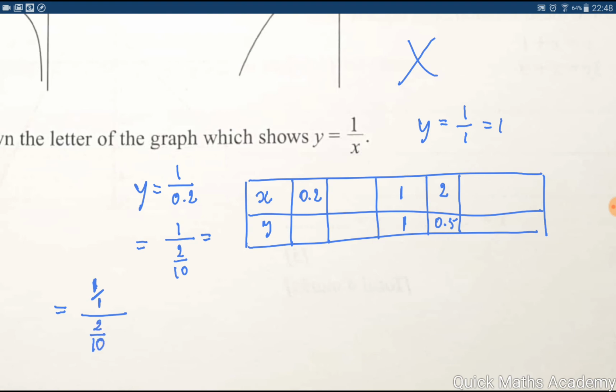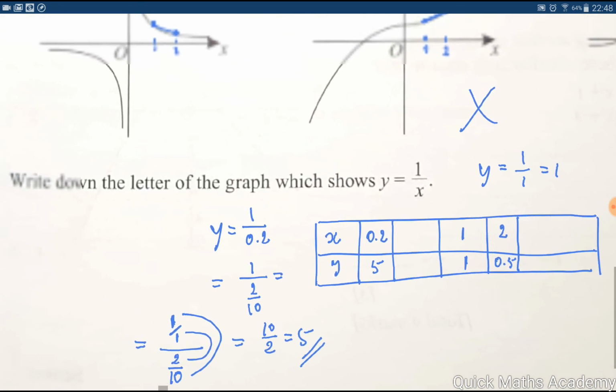Why am I doing this? Because I need this to solve this fraction. I multiply the outer, I multiply the inner. I will have 10/2, which is 5. So when my x is 0.2, my y is 5. Let's have that in mind.